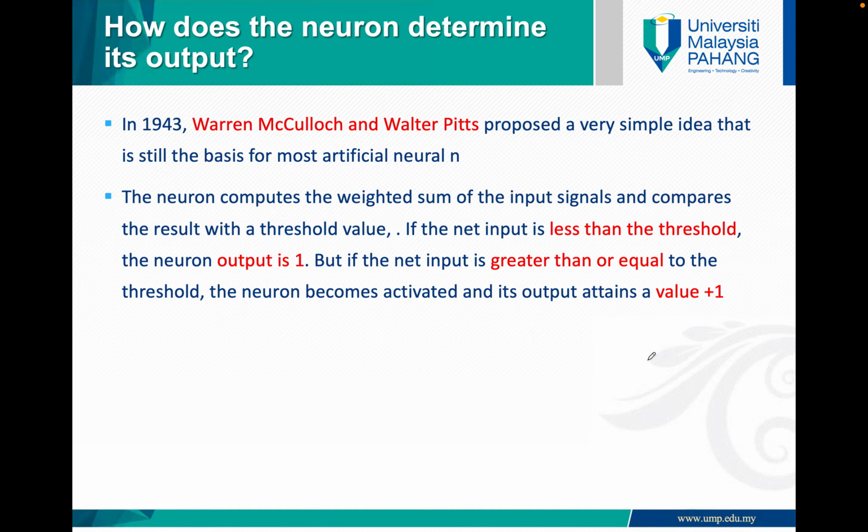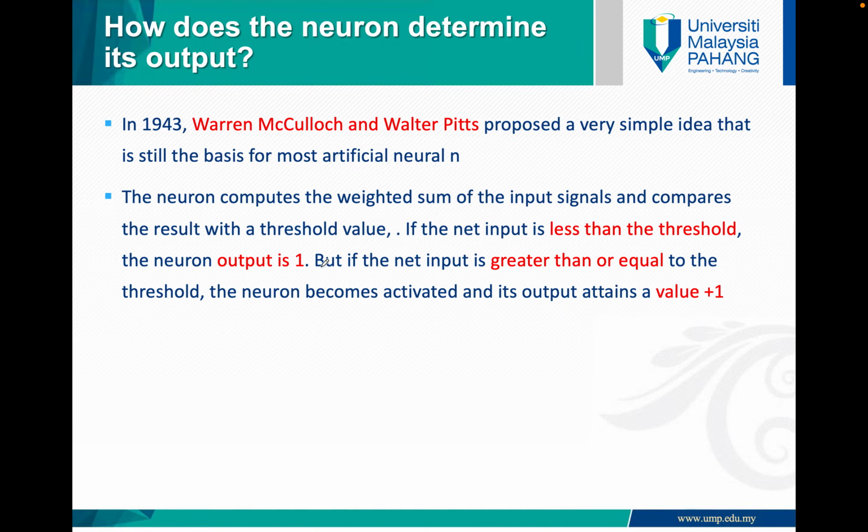So how does the neuron determine its output? Back in 1943, Warren McCulloch and Walter Pitts proposed a very simple idea that is still the basis for most artificial neural networks.